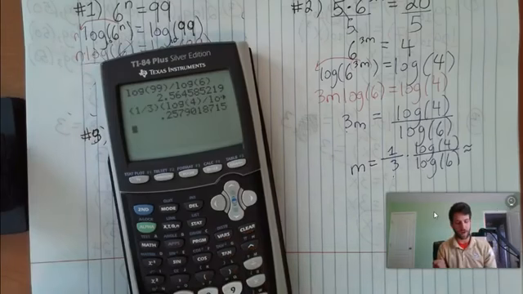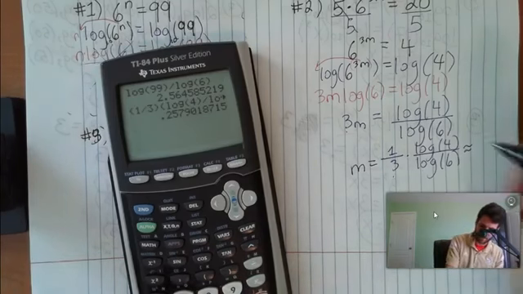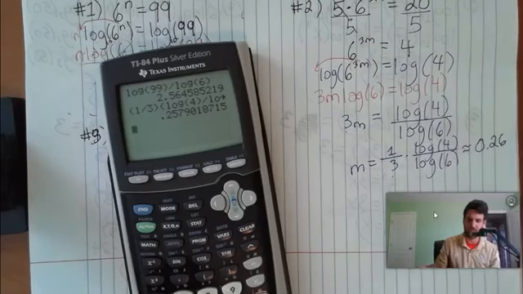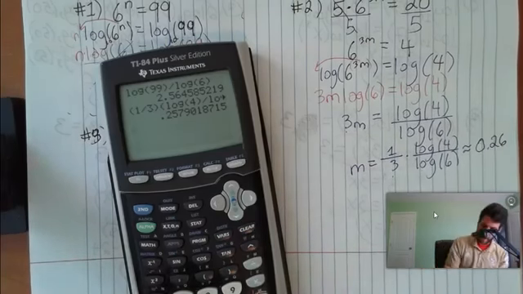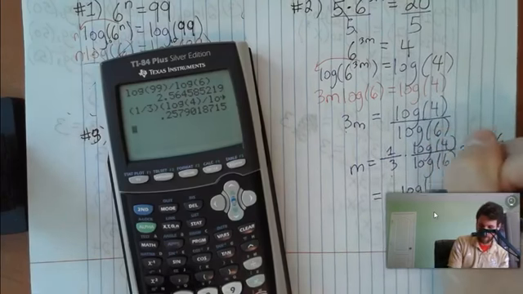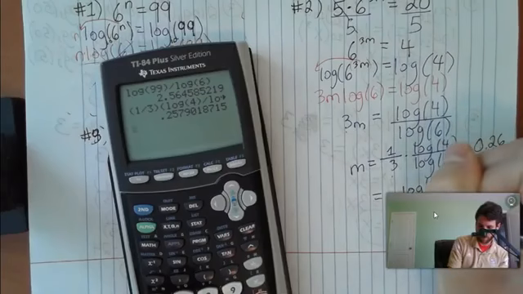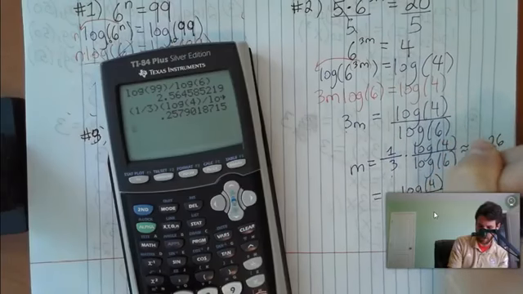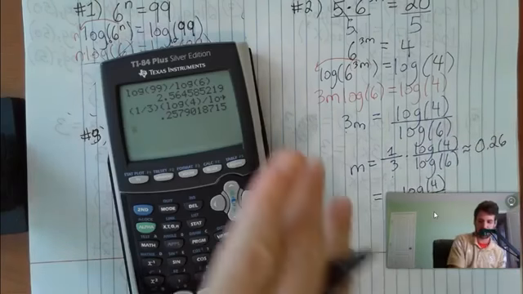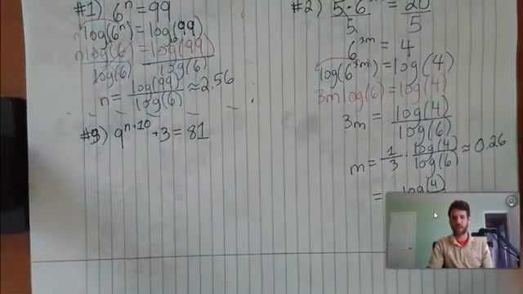And 0.257 ends up being our answer for m, and we'll round that to 0.26. And the other way to write that we kind of talked about before would be log of 4 over 3 times the log of 6. And that would kind of cover example number 2 here.